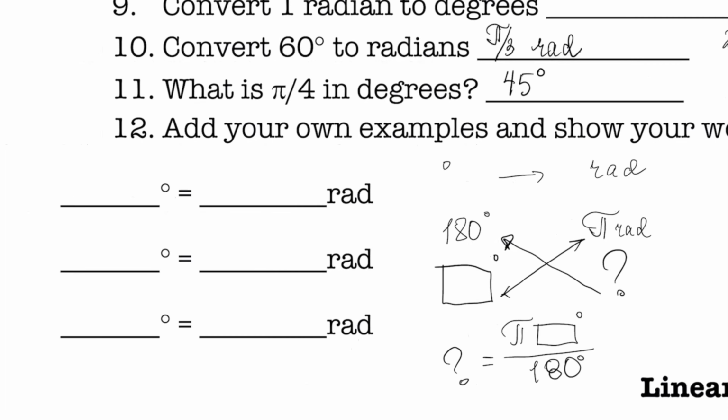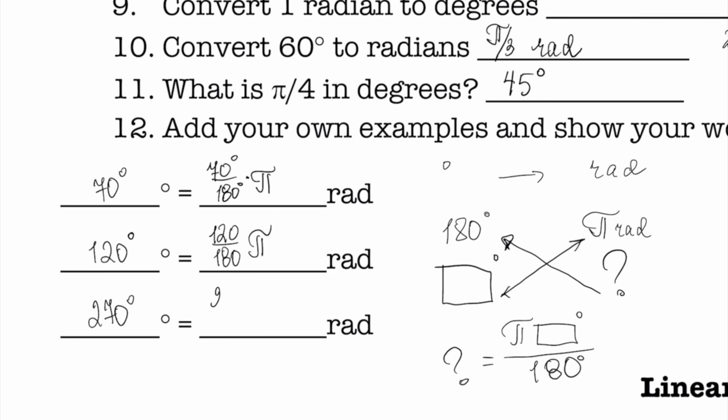Say I want to convert 70 degrees, 120 degrees, 270 degrees, for example, to radians. It's going to be 70 divided by 180 times pi radians. That's the answer. 120 over 180 pi radians. 270 divided by 180 pi radians.